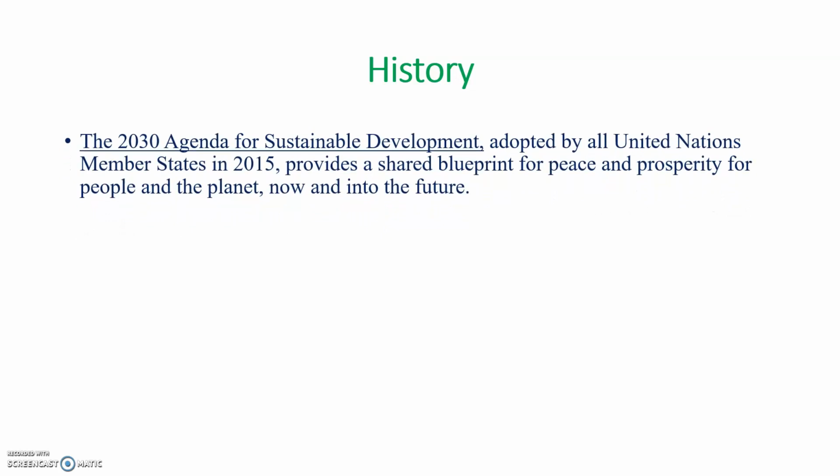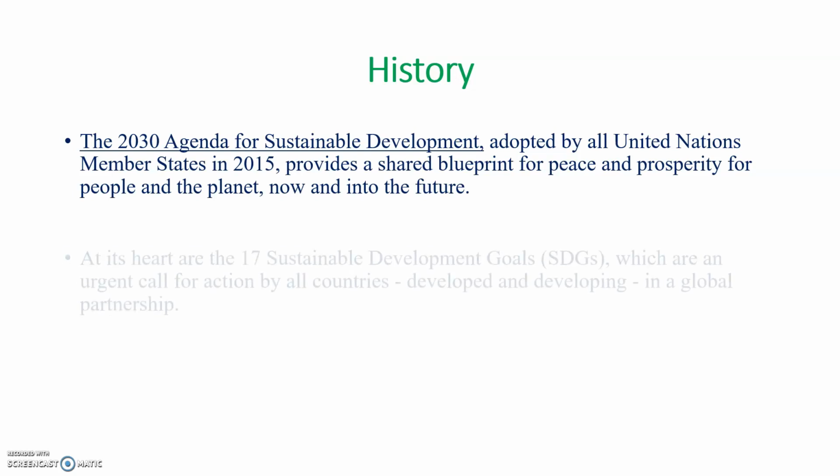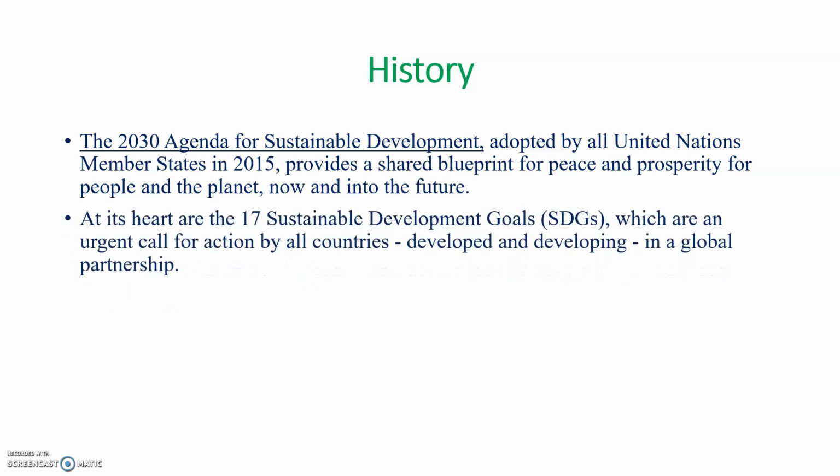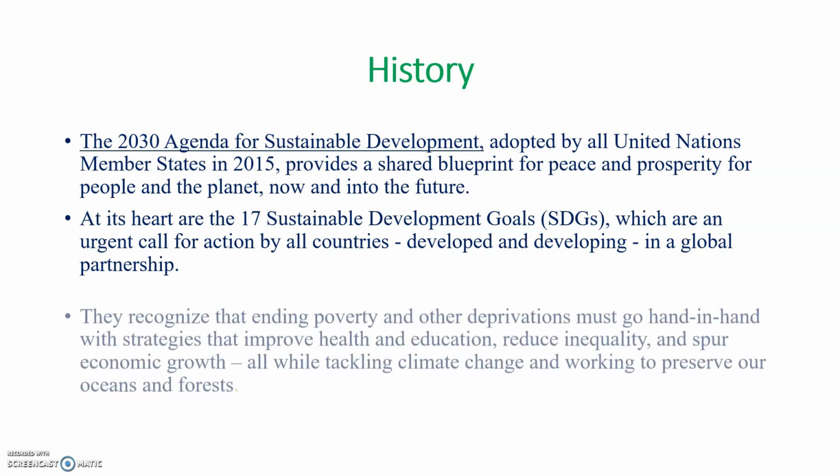The 2030 Agenda for Sustainable Development, adopted by all United Nations member states in 2015, provides a shared blueprint for peace and prosperity for people and the planet now and into the future. At the center of this agenda are the 17 Sustainable Development Goals, which are an urgent call for action by all countries, including both developed and developing, in a global partnership.